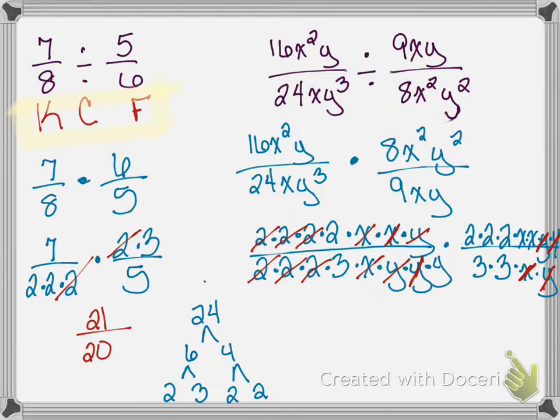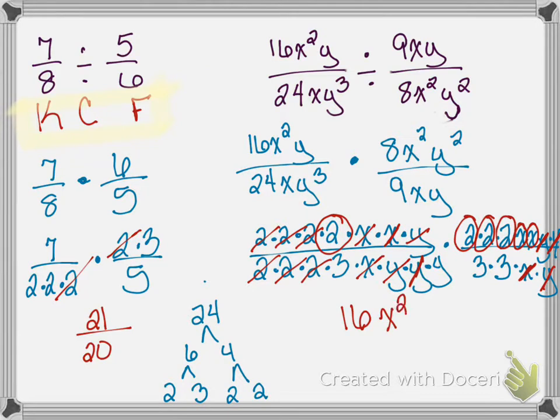Now, going back and making sure you find everything that you didn't cancel out is sometimes a struggle. I have a 2 right here, a 2, another 2, and a 2. What's 2 times 2 times 2? 6, and times one more. 16. Okay? And then I have x times x. What's that?